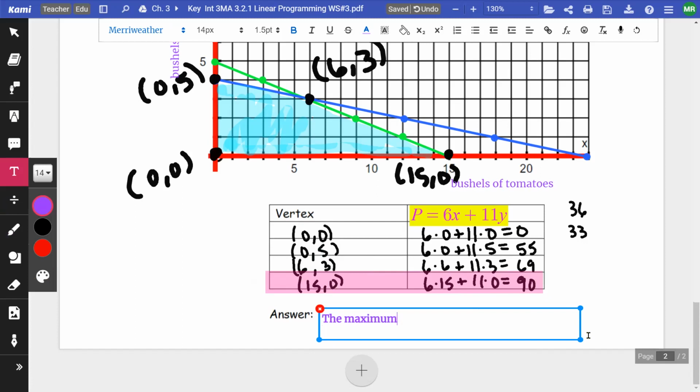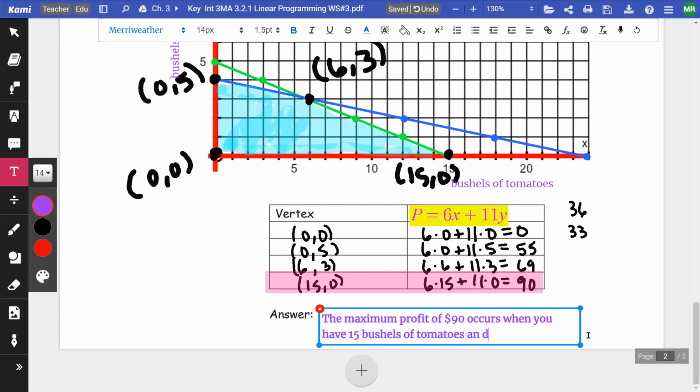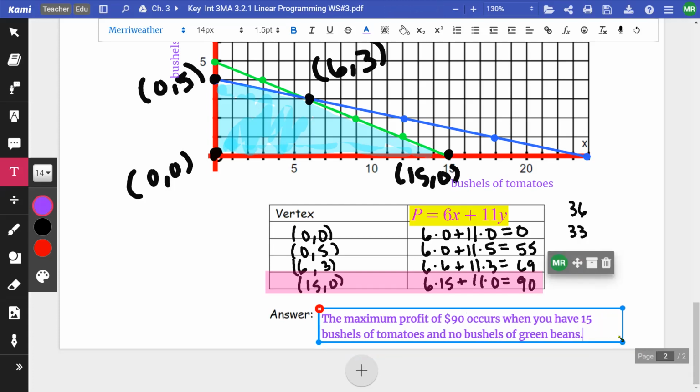The maximum profit of $90 occurs when you have 15 bushels of tomatoes and no bushels of green beans. And that's your answer.